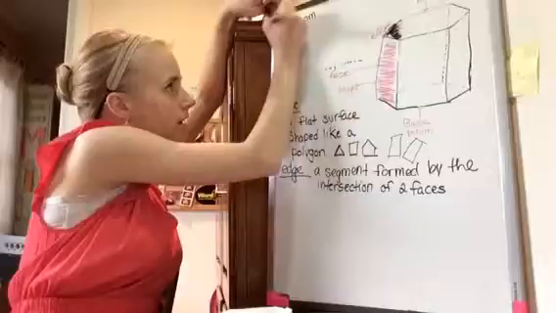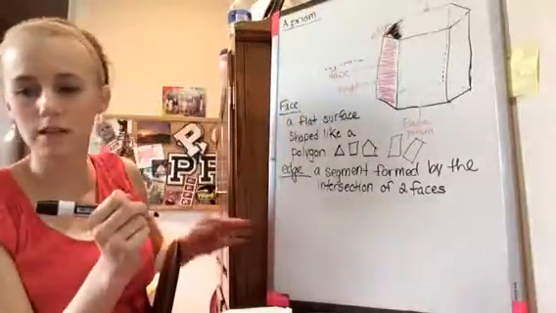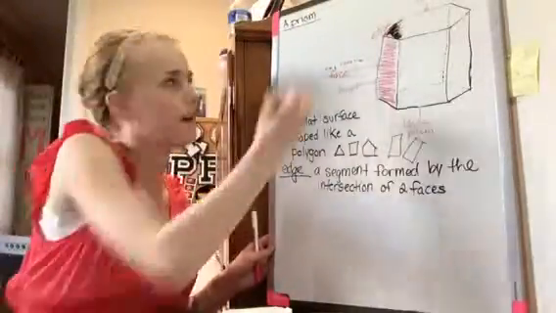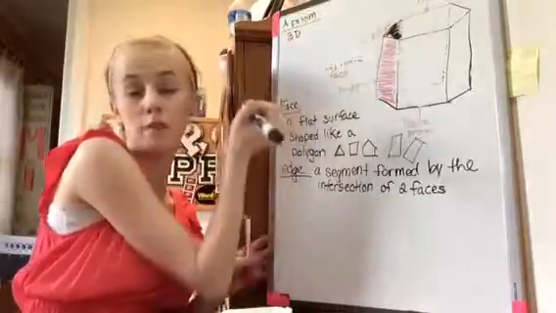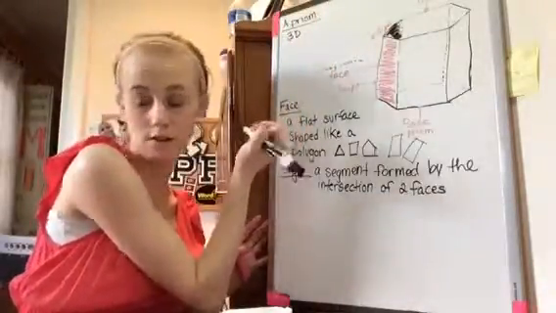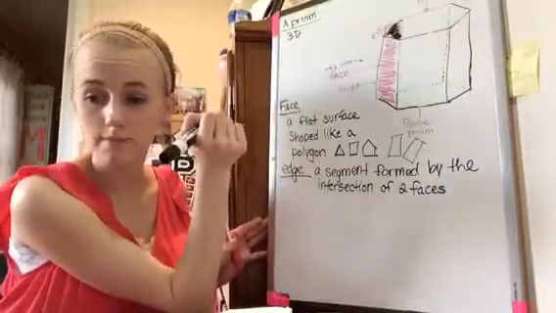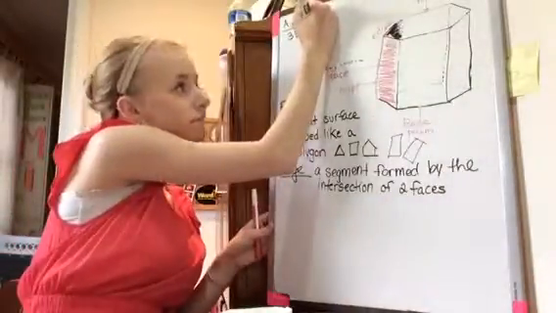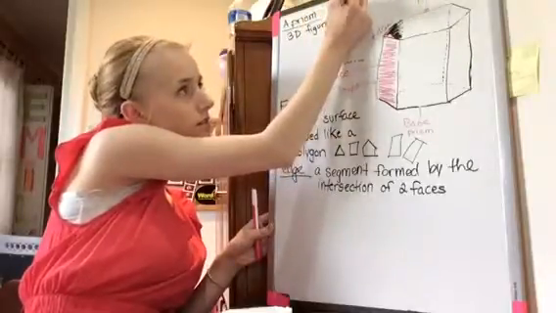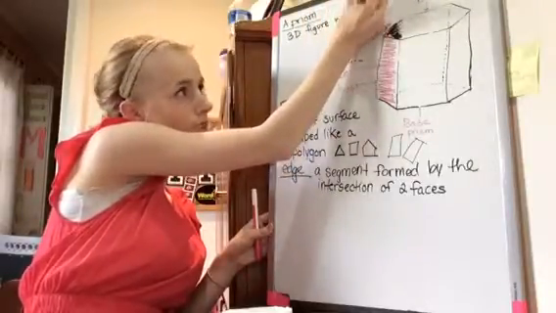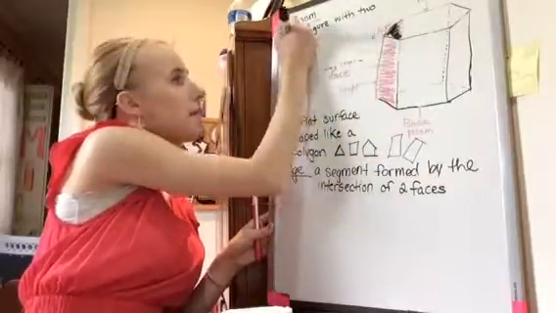So I said it's kind of like a 3D figure, but it's going to be a little different. It's a 3D figure, you can write three-dimensional if you want, but why bother?